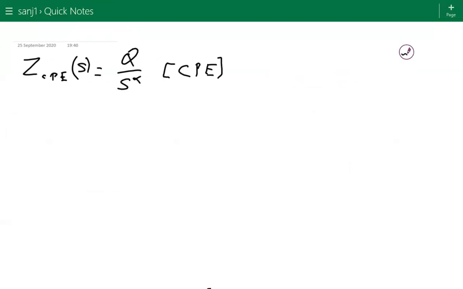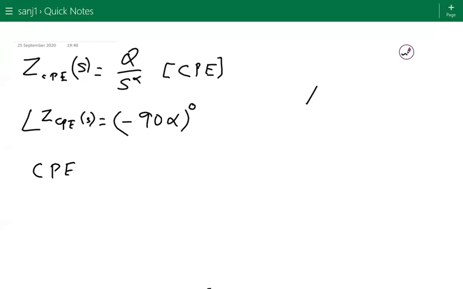Now its phase angle, the phase angle of Z_CPE(s), will be given by minus 90 alpha. This will be in degrees. Okay, so why is this called a constant phase element?